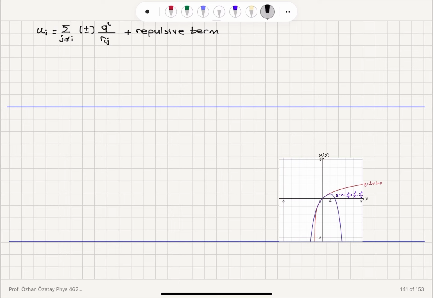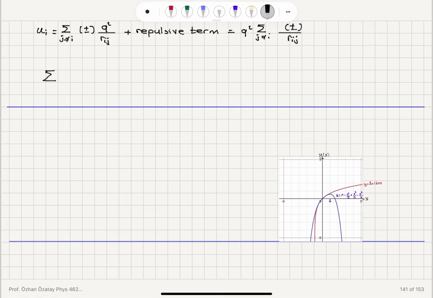And we can see that this can be written as Q squared times the sum over j not equal to i of plus or minus divided by Rij. So what is this sum over j of plus or minus divided by Rij? That's what we need to look at now.